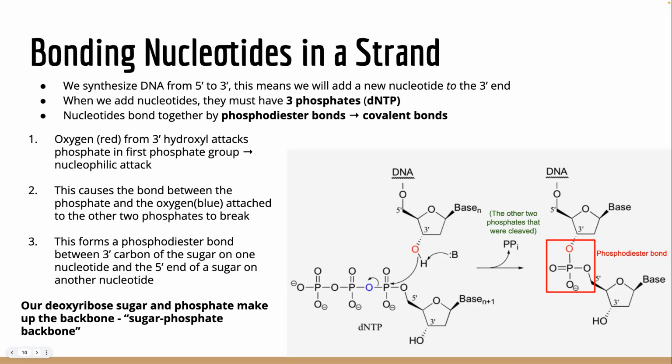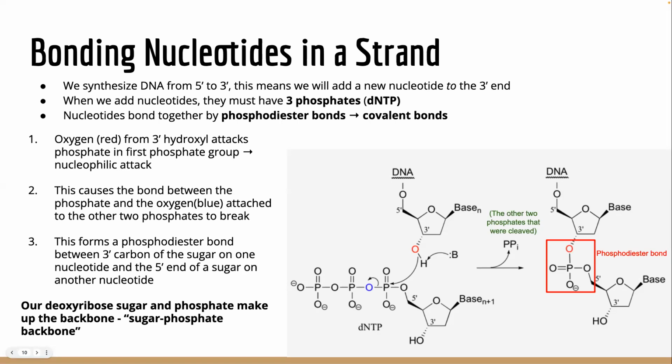So DNA is synthesized from 5' to 3', which means nucleotides are always added to the 3' end. And when we add nucleotides, they must have 3 phosphates. And then these nucleotides are held together by phosphodiester bonds, which are covalent bonds. So in the red box, oxygen from the 3' hydroxyl attacks the first phosphate group, which is a nucleophilic attack.